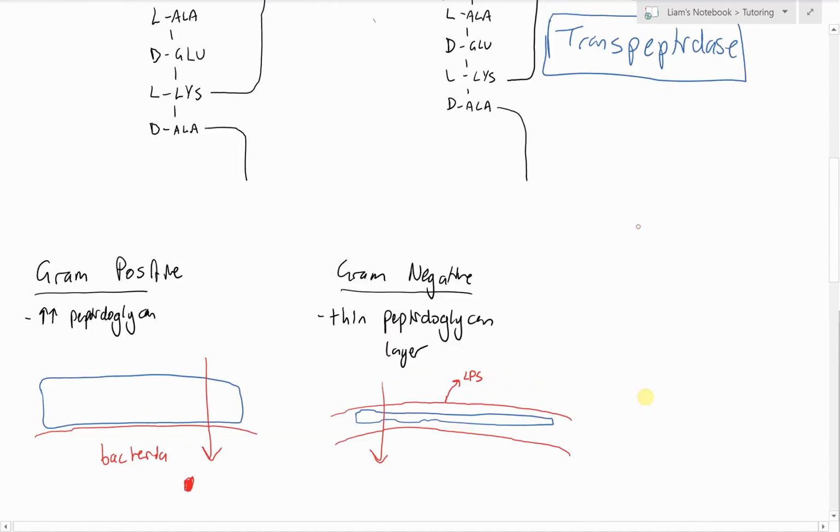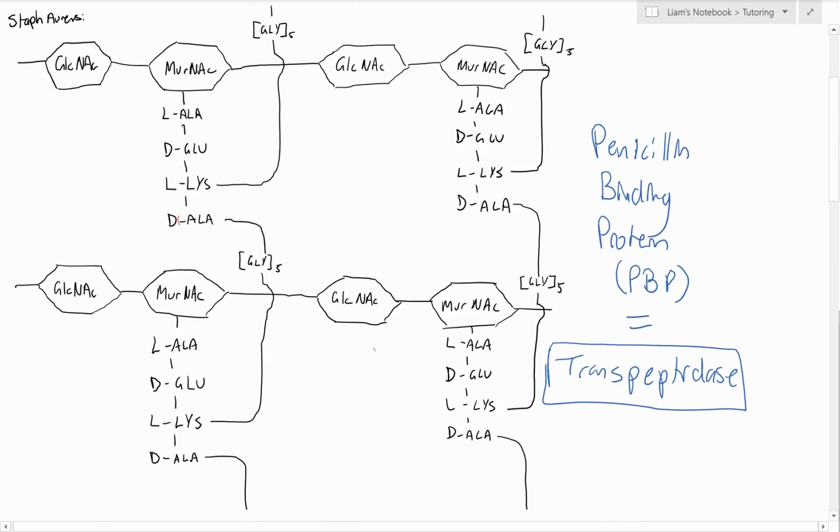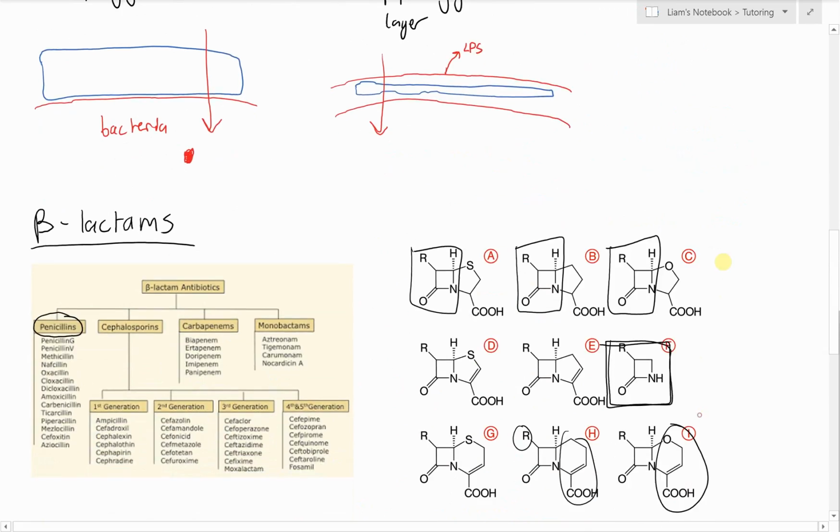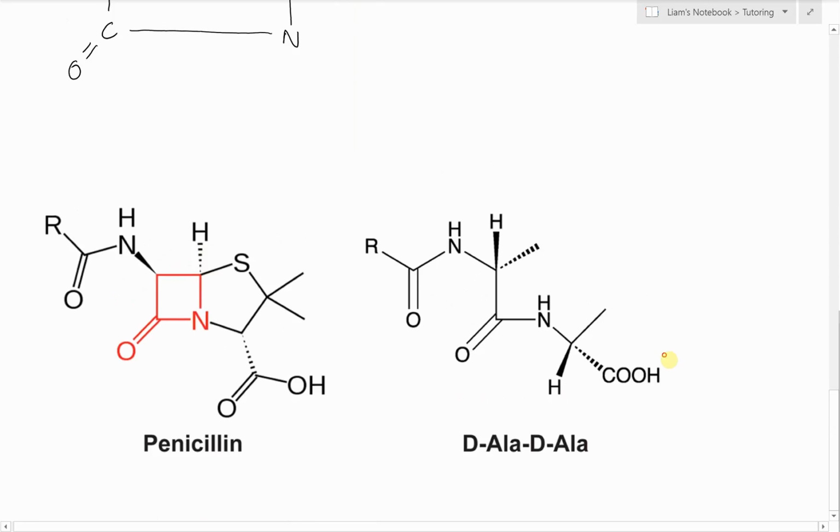Actually, if I scroll up, we said that the transpeptidase was responsible for linking this glycine group between the D-alanine and the L-lysine groups on separate building blocks. That's what the transpeptidase did, so that's why it was important in building the cell wall. We can see here, this is the D-alanine bond. So if I draw it out here.